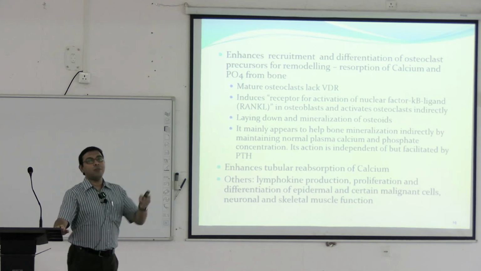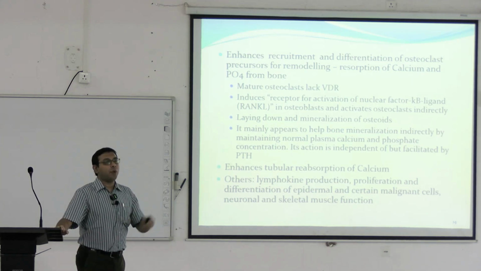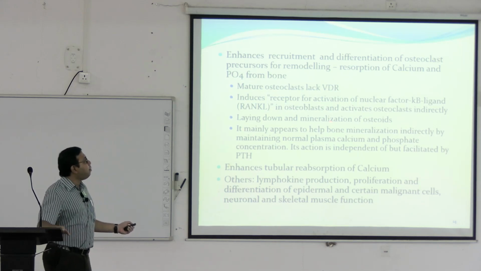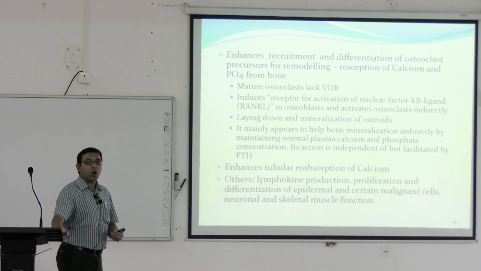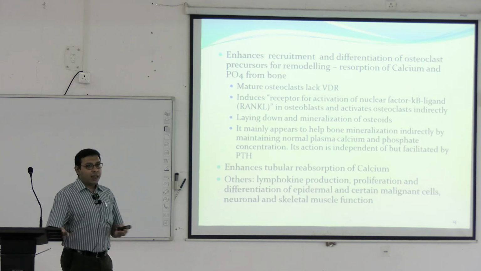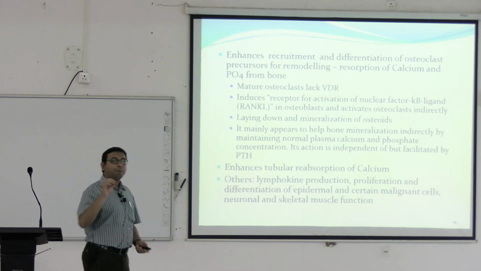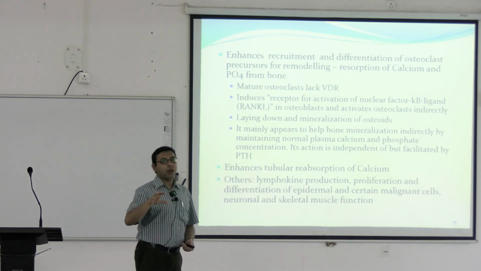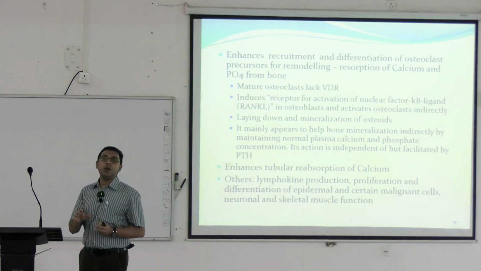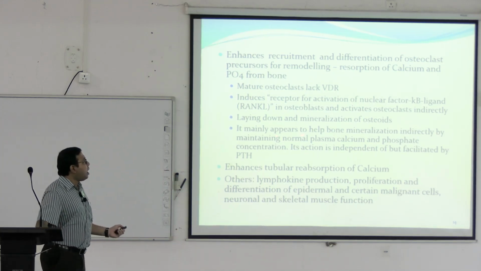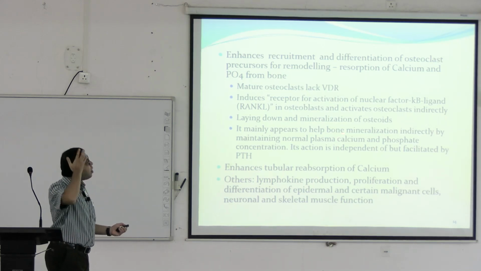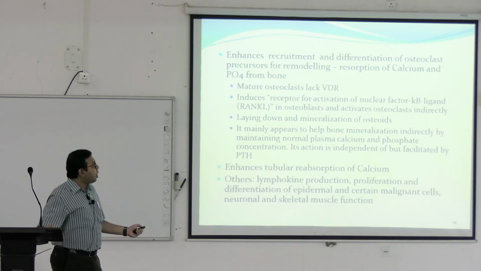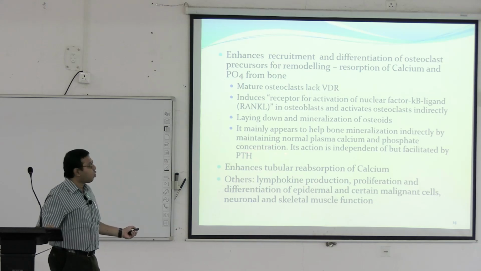So ultimately there will be a cycle of bone formation and bone resorption. Laying down and mineralization of the osteoid. Osteoid is the bone matrix. For laying down and mineralization, appropriate minerals should be there within the bones, otherwise the bone density will be lesser. It mainly appears to help bone mineralization indirectly by maintaining normal plasma calcium and phosphate concentration.